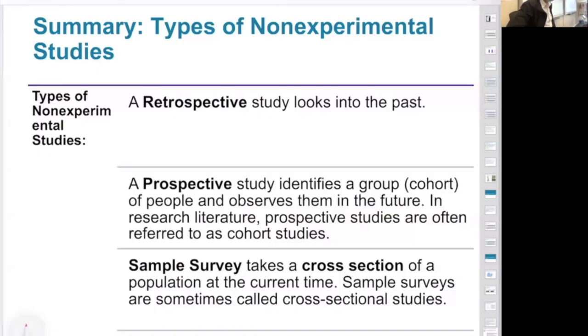And the sample survey takes, of course, something called the cross-section. Cross-section means you determine a specific period, and from this cross-section, you select your data. As you can see, it is a cross-section of a population at the current time. Sample surveys are sometimes called cross-sectional studies.